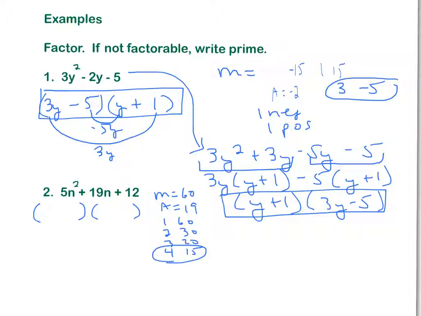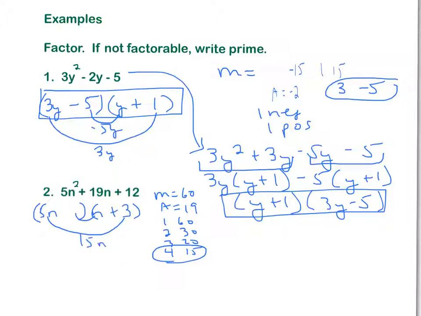So in this case, because I have a 5n squared, I'm going to have to write 5n and then n. My two numbers I came up with were 4 and 15. So when I FOIL this out, these two need to multiply to give me either 4n or 15n, and these two are going to give me the other one. Well, I'm not going to get a 4 with a nice number here, so this is going to be a plus 3.